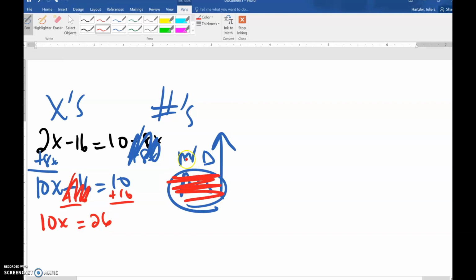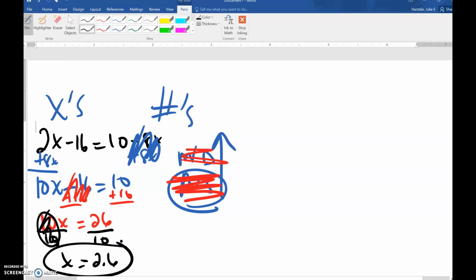So when I do multiply and divide, I'm going to undo. So to undo multiply, you would divide both sides by 10. Because your goal is to get 10 divided by 10 to get 1x. And so I get 2.6. To check my answer, you just sub it back in. So you take this answer that you have here, and you're going to shove it right back into where you had it.